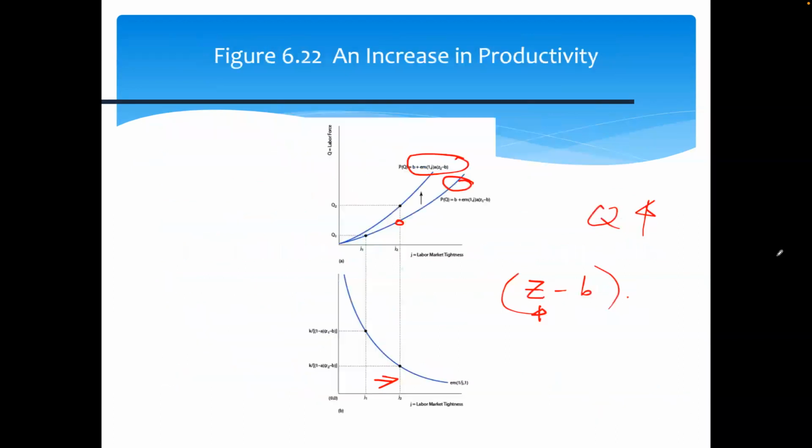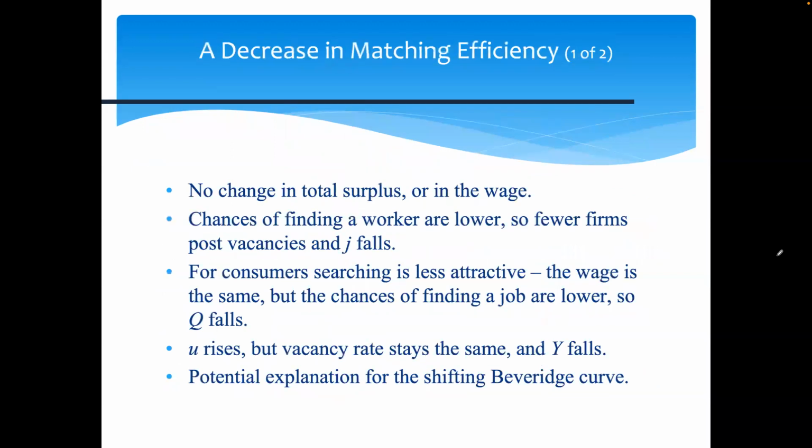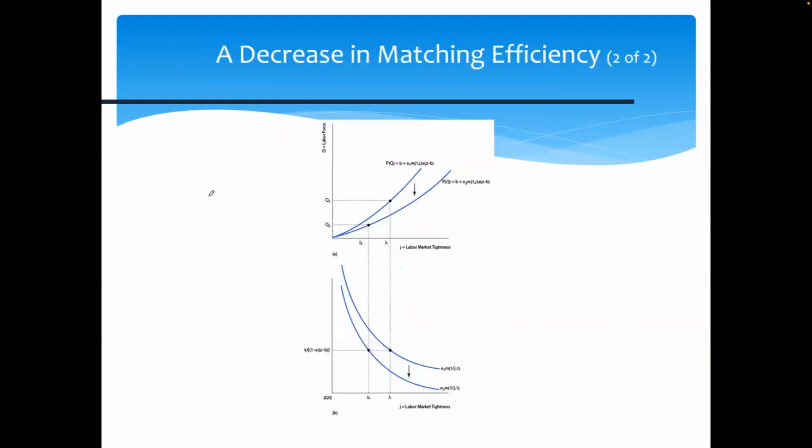Okay. So the last scenario is looking at matching efficiency. If the matching efficiency decreases, first of all, there's going to be no change in surplus, but there's going to be a change in the chance of finding workers. So again, let's look at the graph.